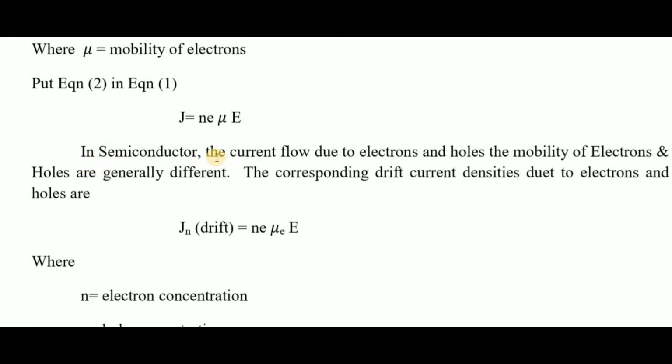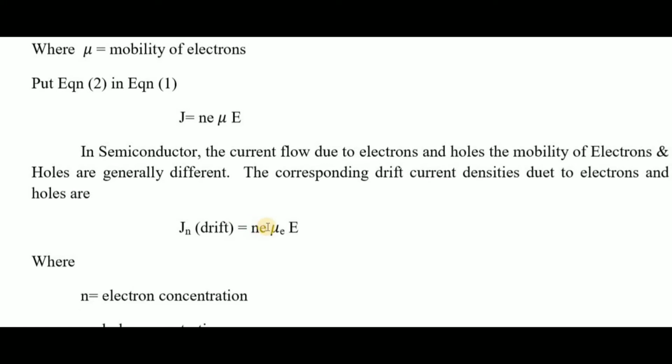In a semiconductor, the current flows due to electrons and holes, and the mobilities of electrons and holes are generally different. The corresponding drift current densities due to electrons and holes are as follows. J_n drift is equal to N e mu_e into E. That is the drift due to electrons.